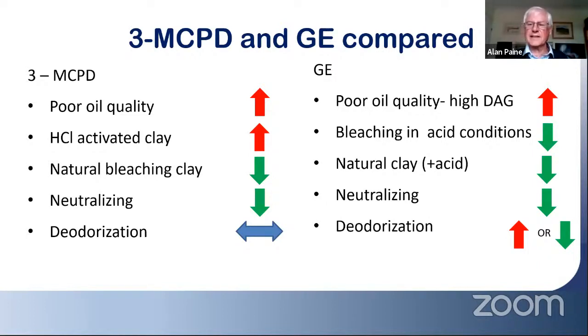Deodorization has little effect on 3-MCPDs because they are formed well below the deodorization temperatures and are not very volatile, which is why they're depicted by a blue arrow sort of lying on its side. GEs start to form rapidly above about 230 degrees Celsius, which is a fairly low deodorization temperature, but under the right conditions, they can be removed more quickly than they form.